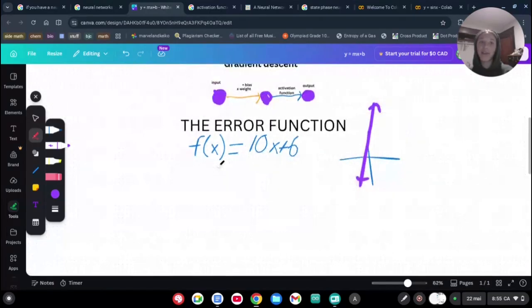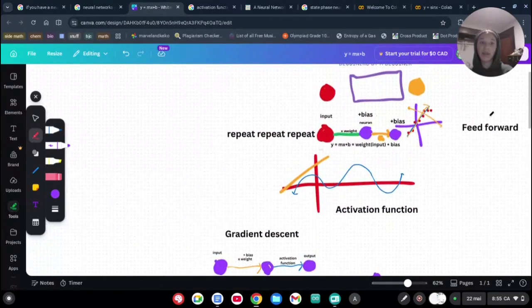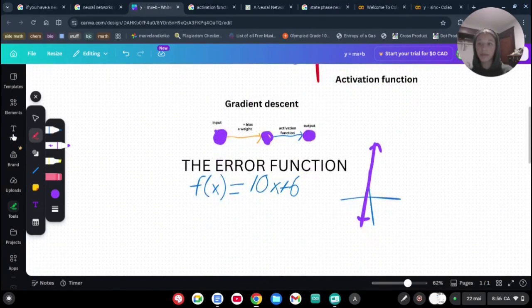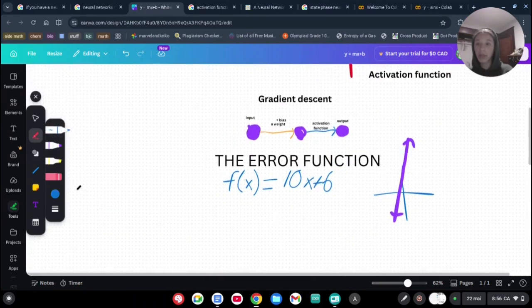Except the function that my neural network can predict, given my weight and my bias, is what it will predict.